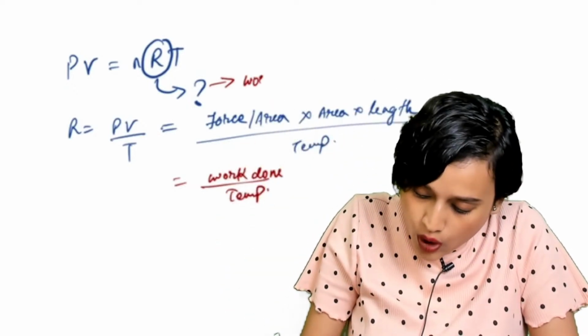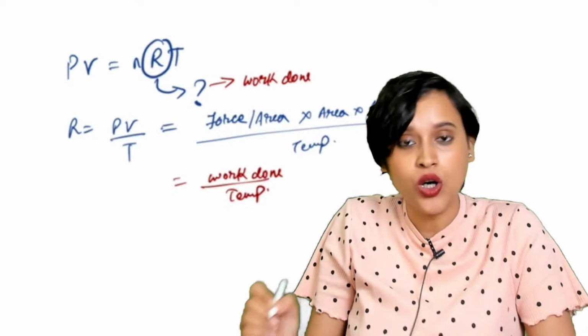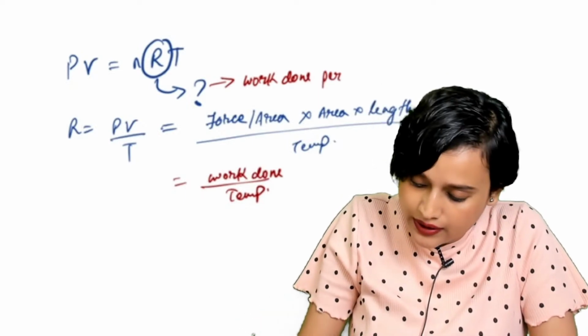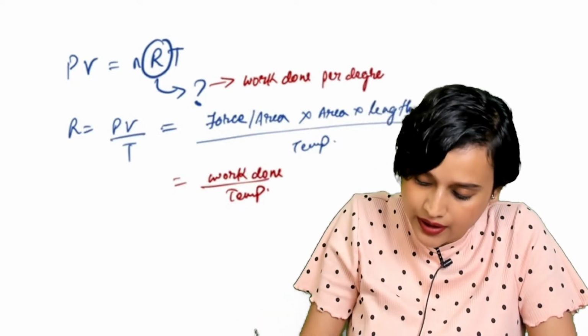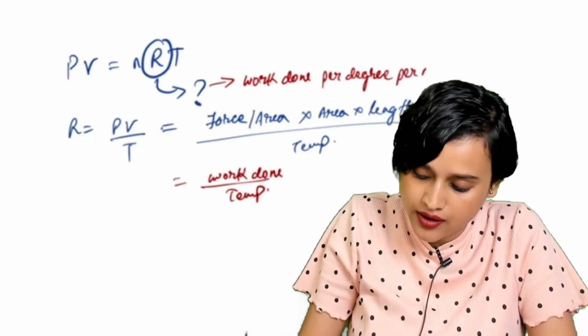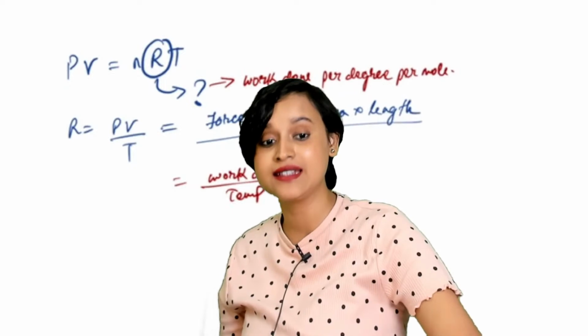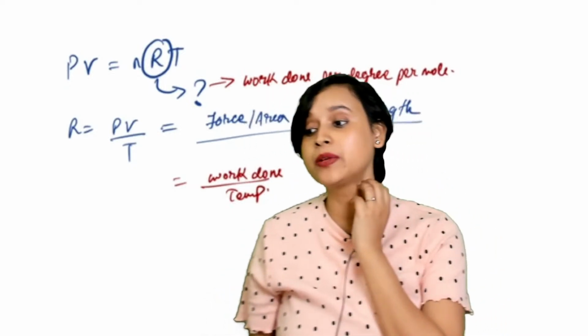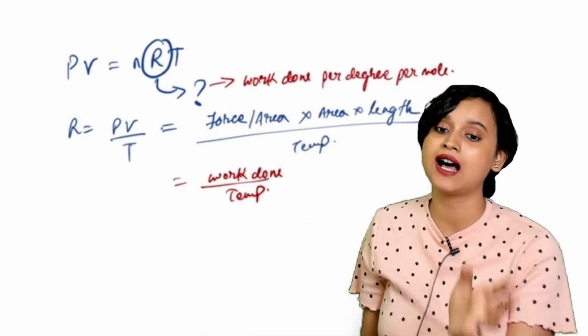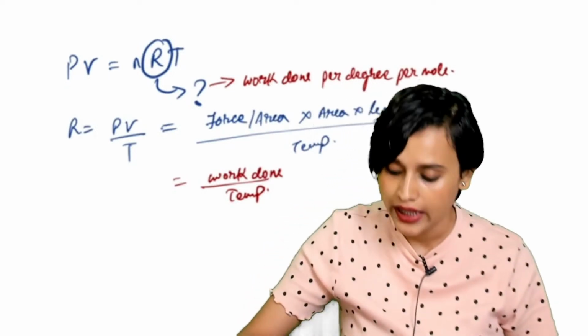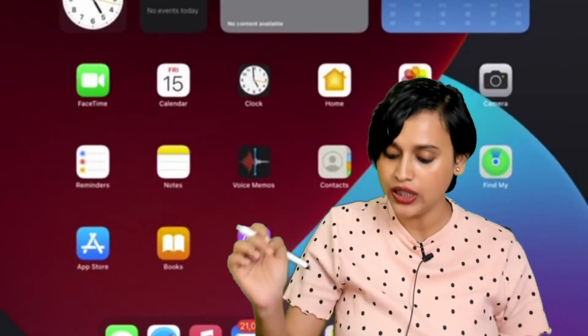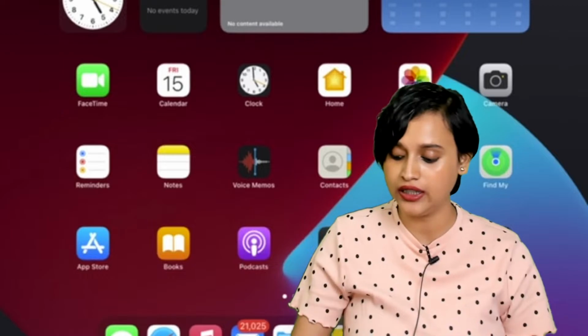R is work done per degree per mole. Clear everybody? Now R has several different values, but that depends on what unit is asked in your exam.